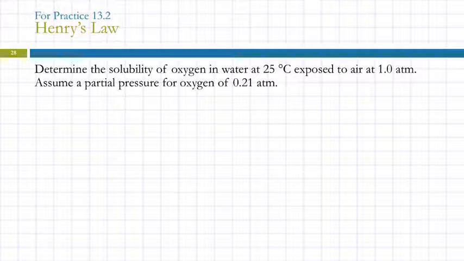So we could do problems like this one. Determine the solubility of oxygen in water at 25 degrees, exposed to air at 1 atmosphere. Assume a partial pressure for oxygen of 0.21 atmospheres.